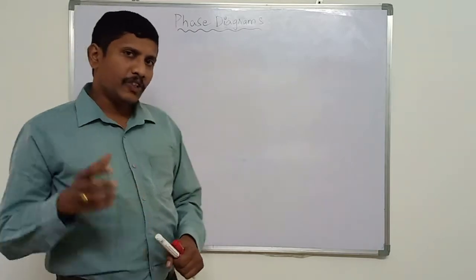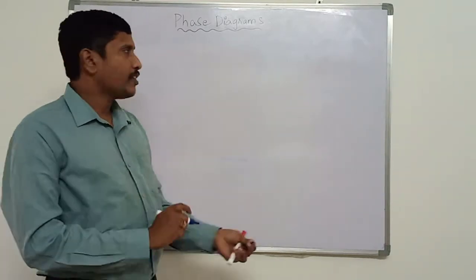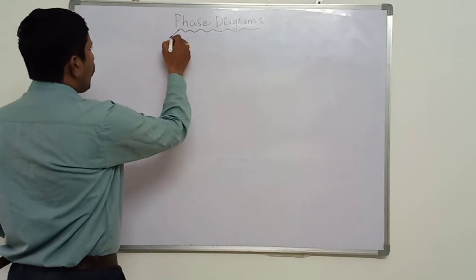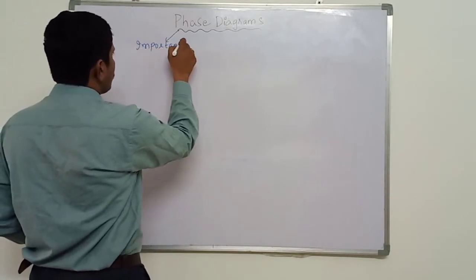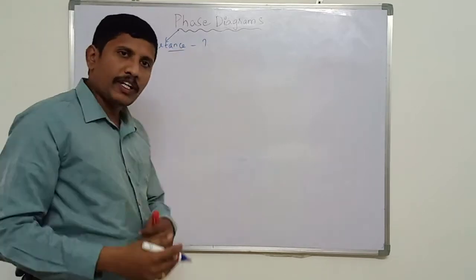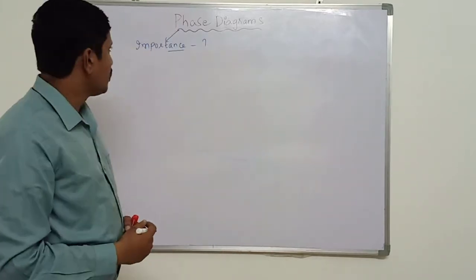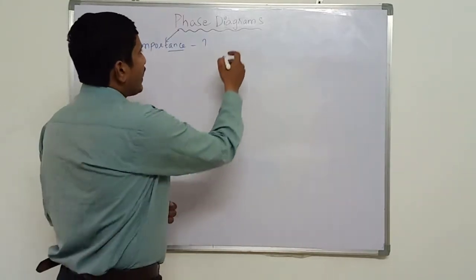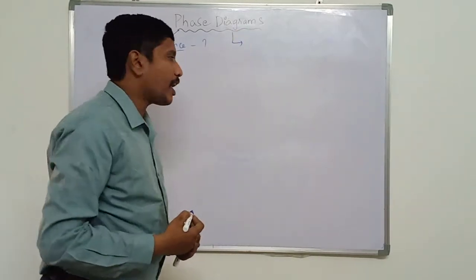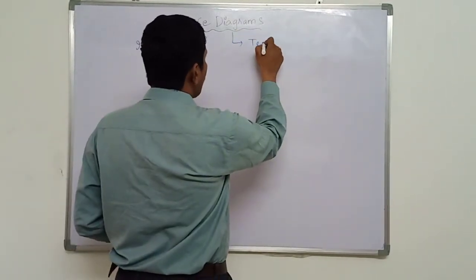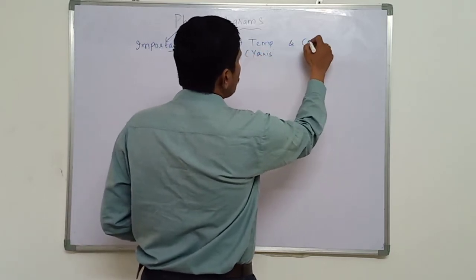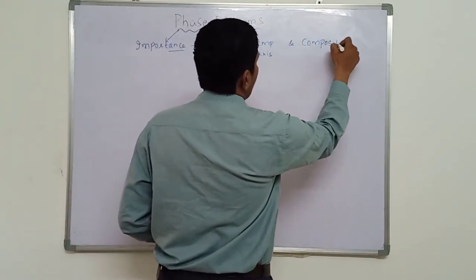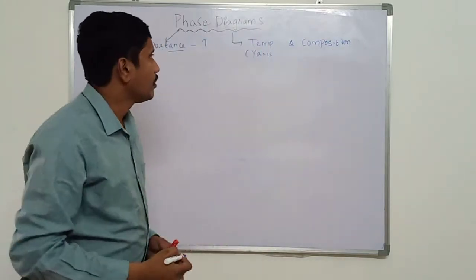So before getting into the construction of isomorphous alloy, first we will understand what is the importance of constructing the phase diagrams. What is the importance of reading the phase diagrams? So we all know that phase diagrams are plotted between temperature on y-axis and composition of the alloying element on the x-axis, right?